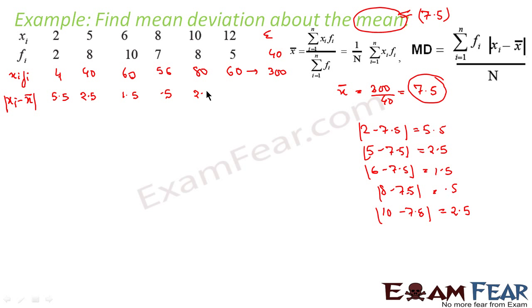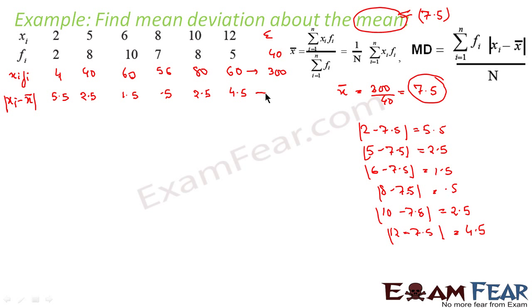Similarly for 12, the distance from 7.5, taking the mod, is 4.5. This is the distance of the xi's from the mean, that is 7.5. So we have got all the xi minus mean mod values.